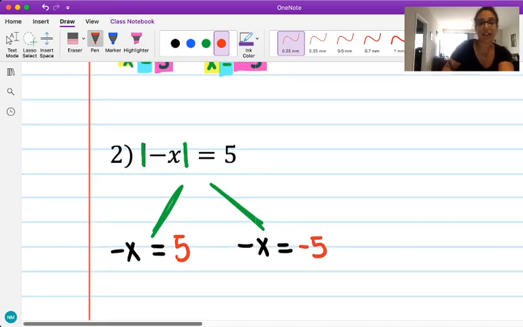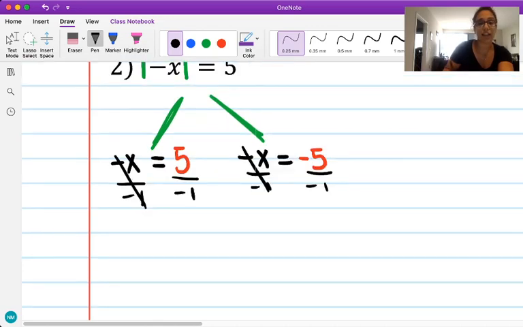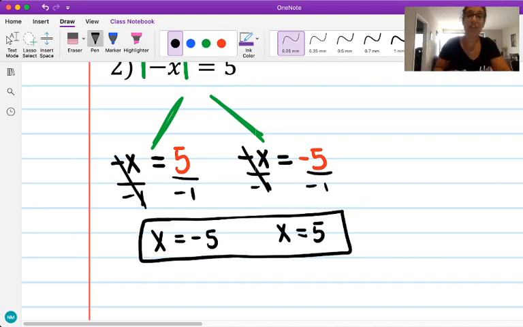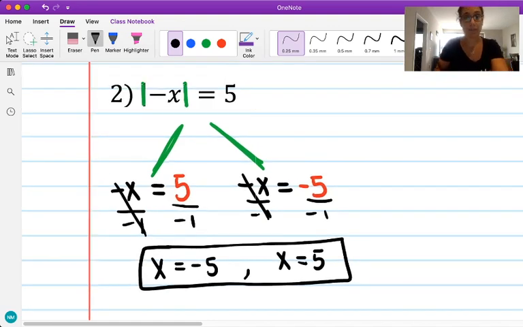Then I solve. I have two equations to solve. I divide by -1, divide by -1. And so I get x equals -5 and x equals +5. Yes, you will have two answers because two solutions of x satisfy this equation. Two things make this true, so you have two answers.